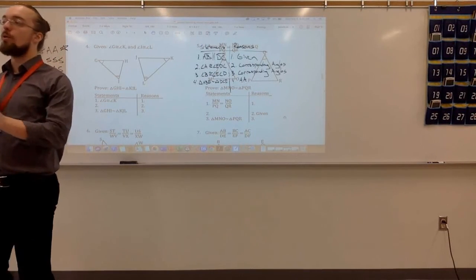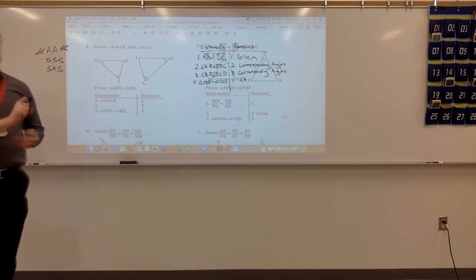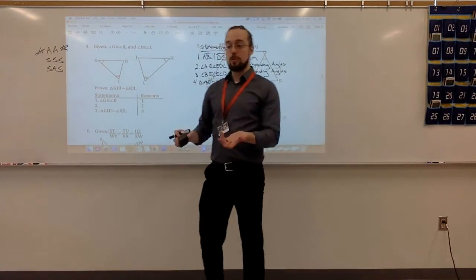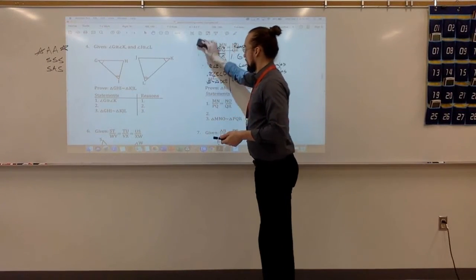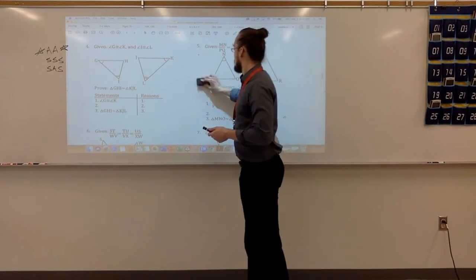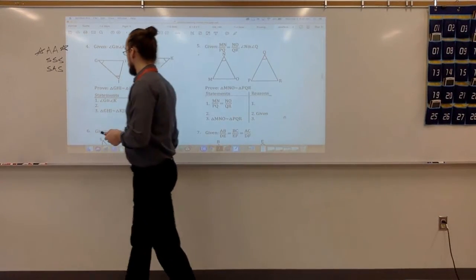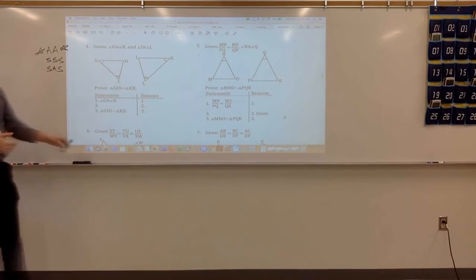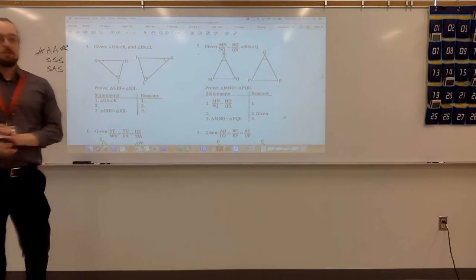It won't be write the whole thing yourself. It'll be maybe drag and drop or just fill in one missing piece for a multiple choice question, that kind of thing, okay? So, let's see if we can take a little bit and try some of these. See if we can fill in our missing pieces.